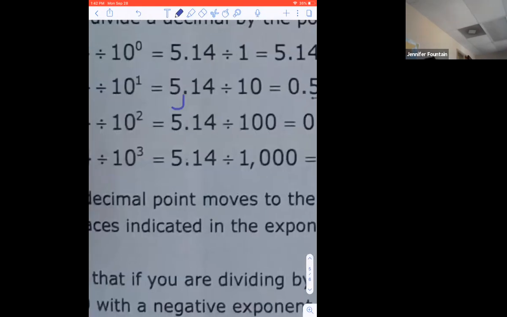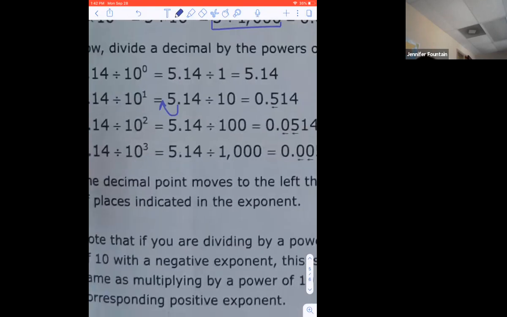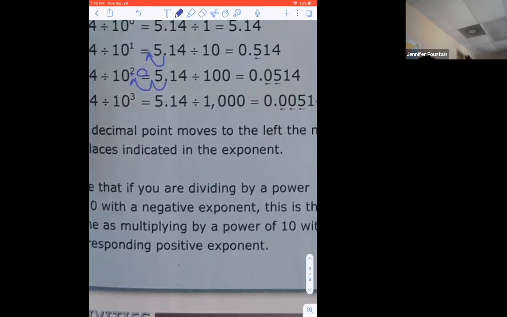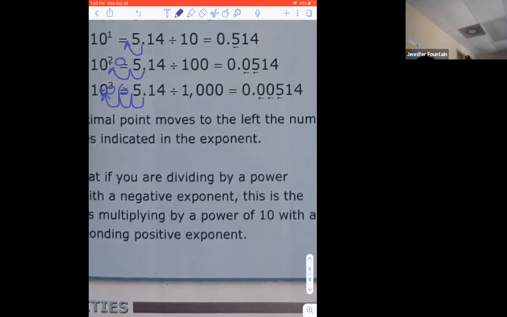So my decimal moves one place to the left, so it becomes 0.514. 5.14 divided by 100, my decimal moves 2 places, so I have to put in a 0, so it becomes 0.0514. And 5.14 divided by 1,000 means I move 1, 2, 3 places to the left, fill in with a couple of zeros, so I have 0.00514.